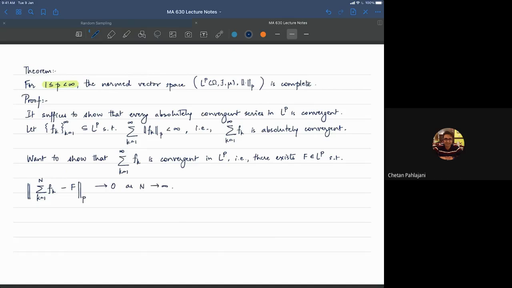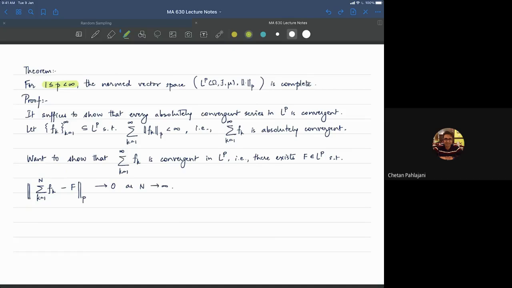That means you want to show that there is some function such that the sequence of partial sums converges to that function as N goes to infinity, and here convergence is being measured by taking the difference of these two vectors and subsequently taking the p-norm. This is what we want to do.